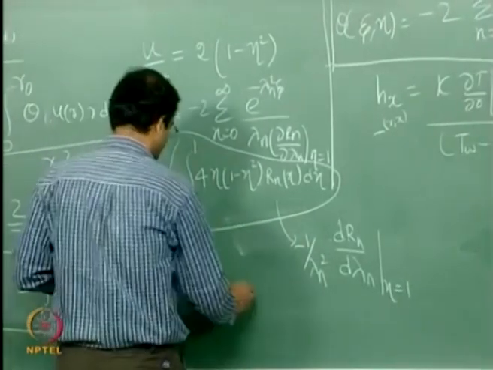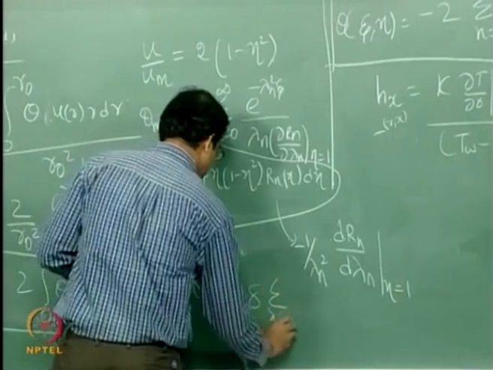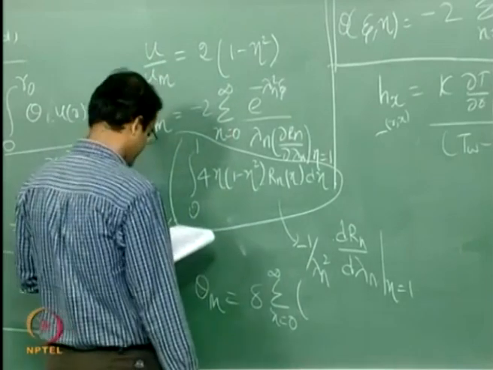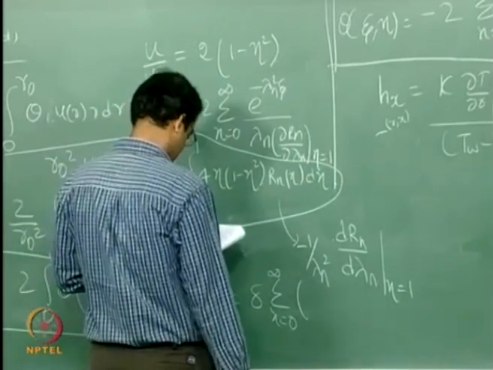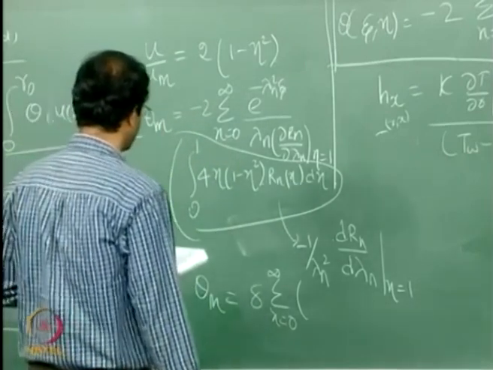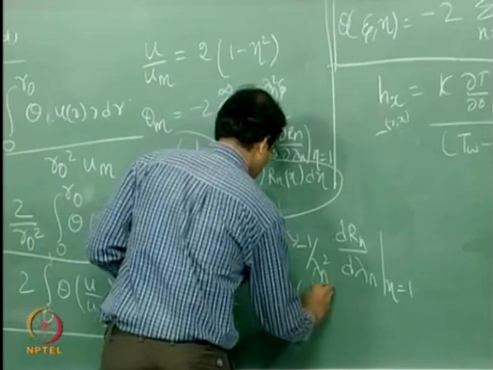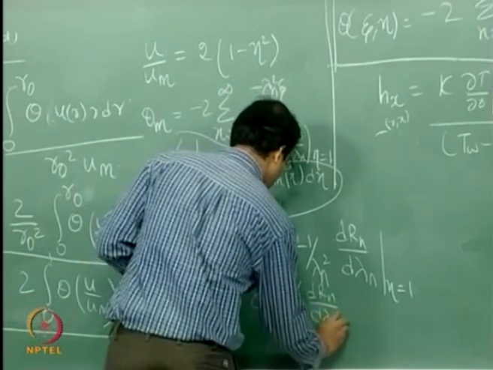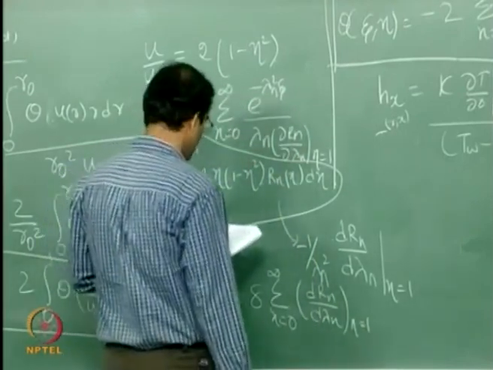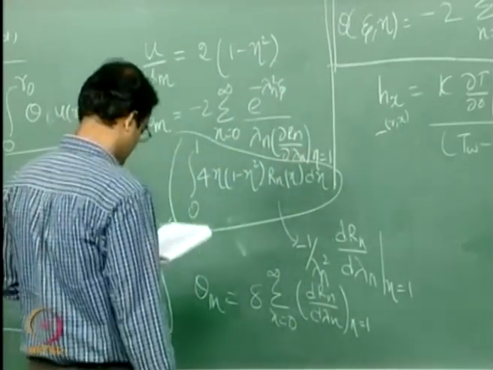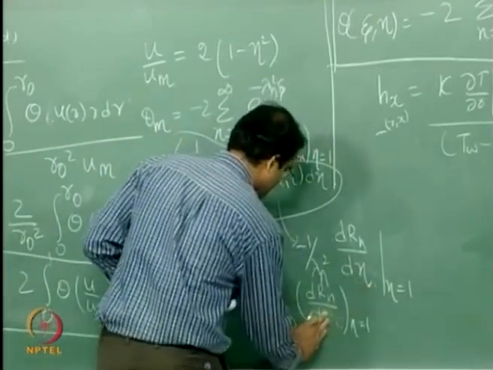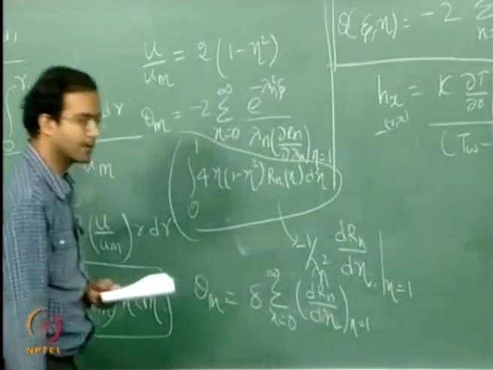So minus and minus become plus, so 8 into summation n equal to 0 to infinity of drn by d eta at eta equal to 1. Sorry, this should be with respect to eta, please correct it.